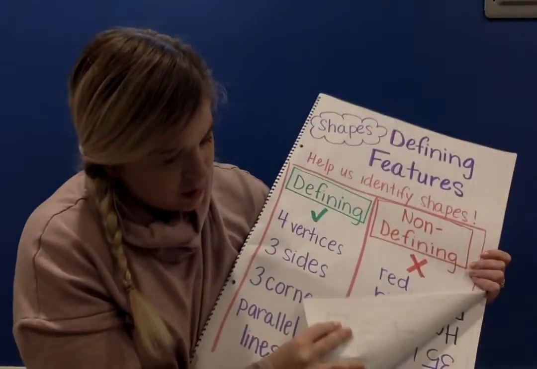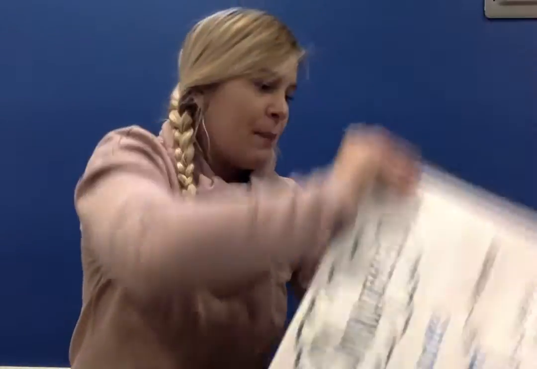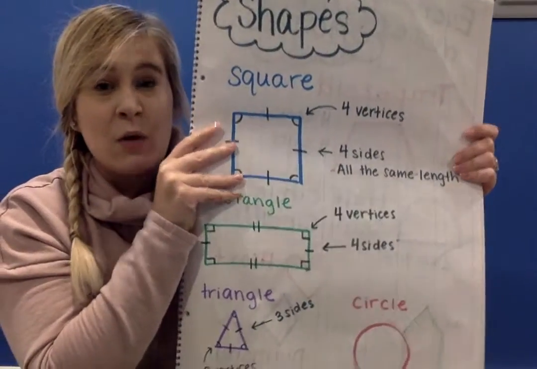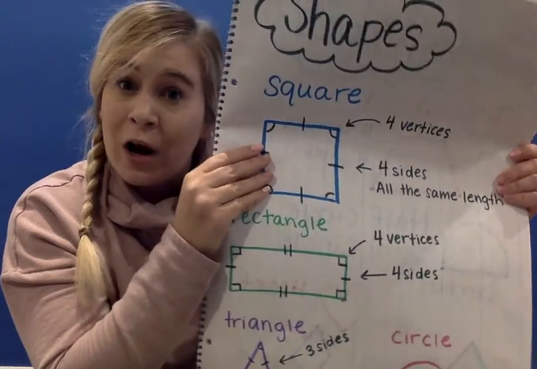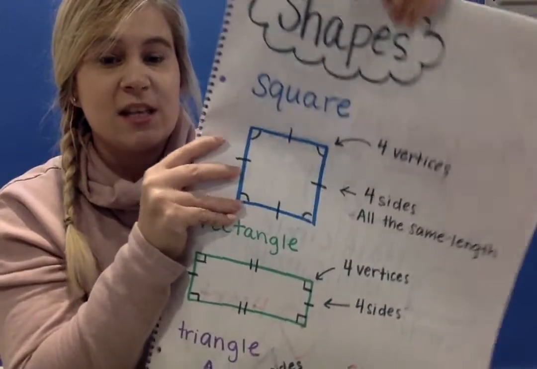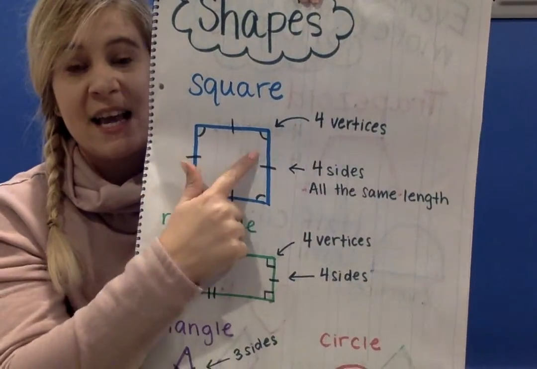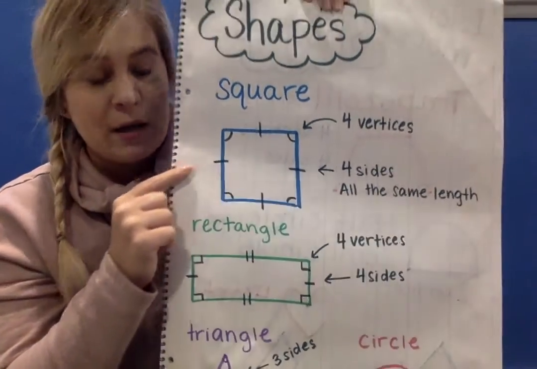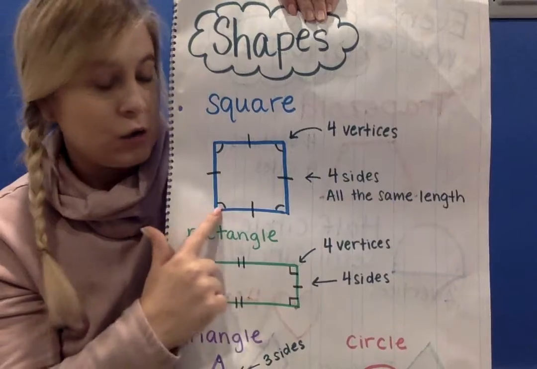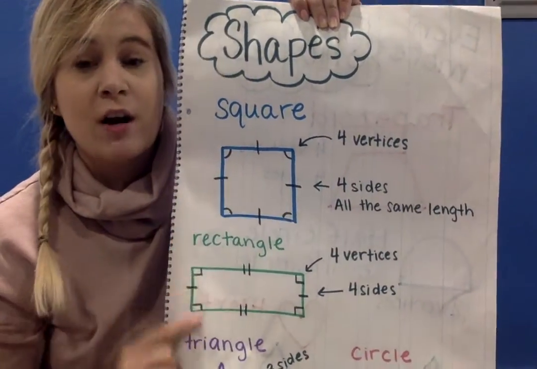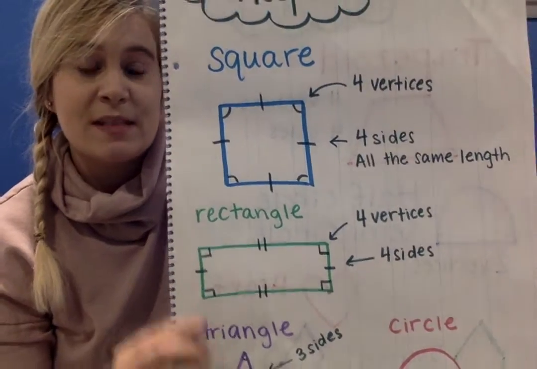So if we want to look and remember about some of the shapes we were talking about, like a square. What makes a square a square? Those are its defining features. It has 4 sides and 4 vertices. And the extra special thing about a square is they have those square corners and all the sides are the same length. They're the same size.